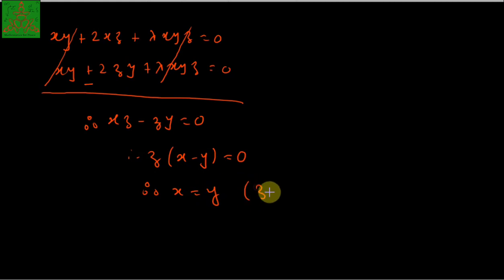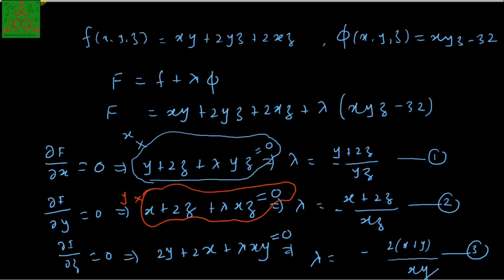z will not be equal to 0 because it is a length of the rectangular box, so x equal to y is the only possible value. Now for further, I multiply equation 2 by y and equation 3 by z.